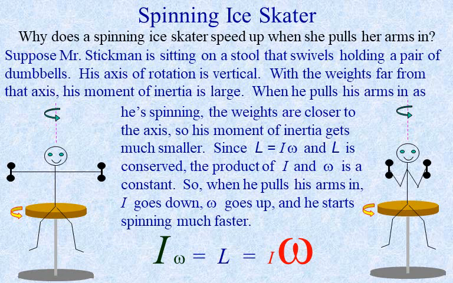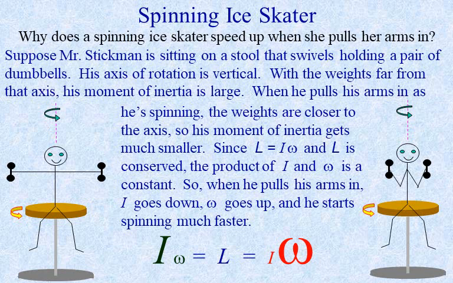Spinning of an ice skater, as shown in the two diagrams. Holding a pair of dumbbells, his axis of rotation is vertical. With the weights far away from that axis, his moment of inertia is large, as shown in the left side figure.